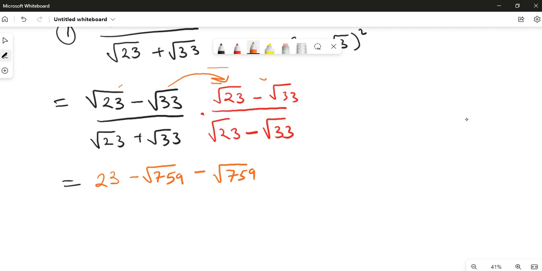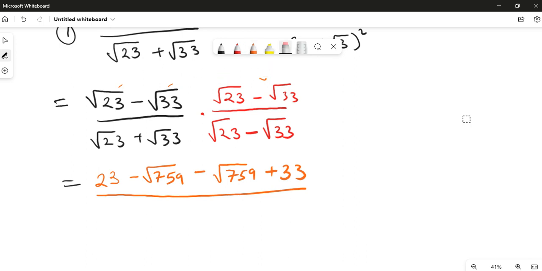And then negative square root of 33 times negative square root of 33 gives us positive 33. Then divided by the denominator.